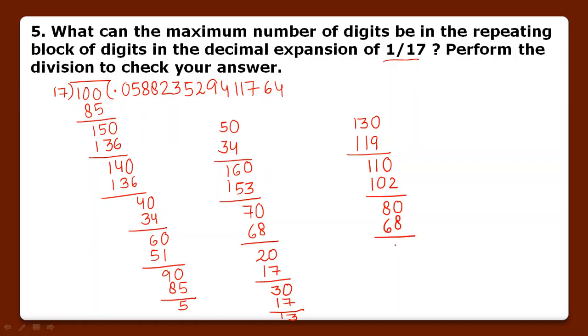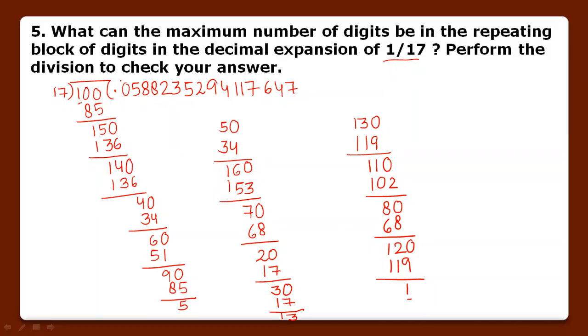We'll get the remainder 12. Again we'll take a 0. 17 7s are 119. Finally our remainder repeats, because we started with 1 and finally our remainder 1 has come.